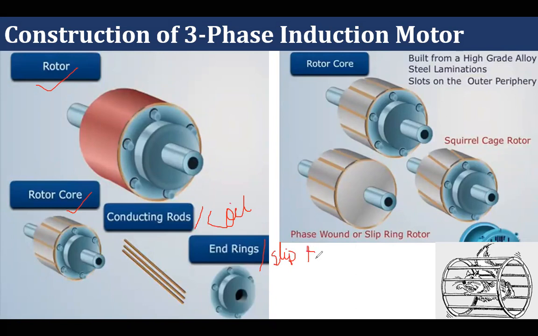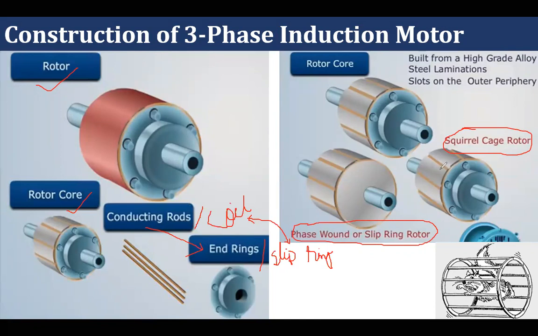It depends on what kind of rotor it is. So we are going to use conducting rods with end rings or coil with slip rings. Basically, rotor is of two types: a squirrel cage rotor and a wound or slip ring rotor.